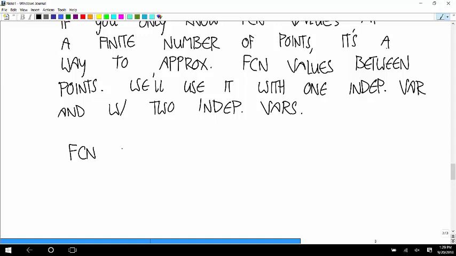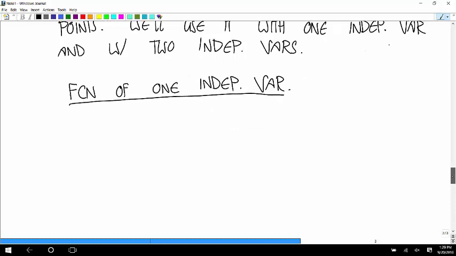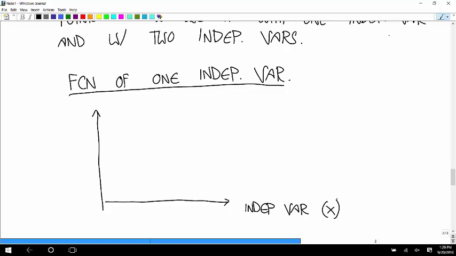Okay, so let's start with functions of one independent variable. And the idea is this. So this is the independent variable. I'll call it X here, but it'll be temperature or pressure when we use it.